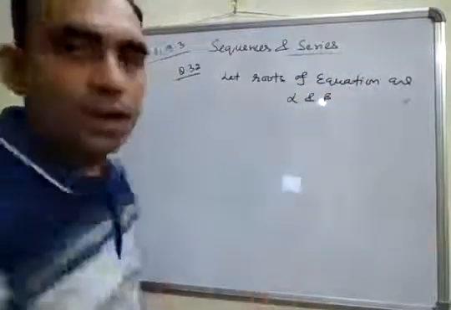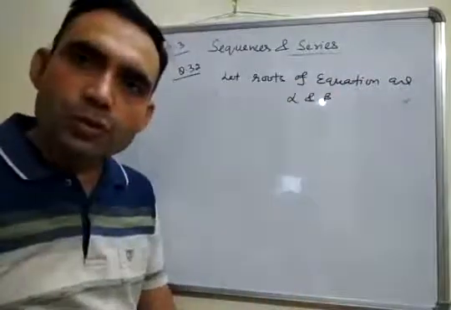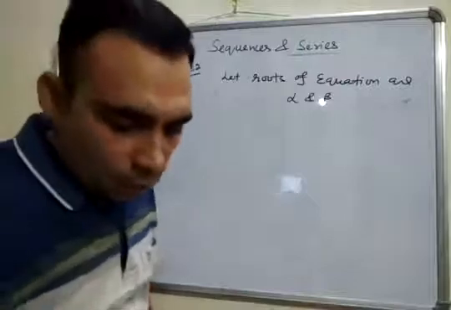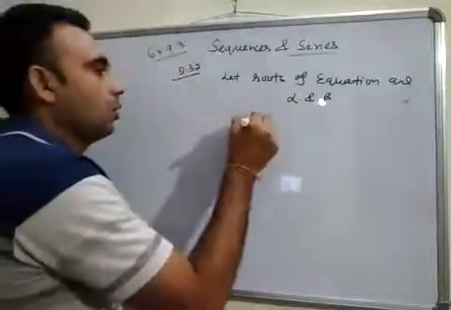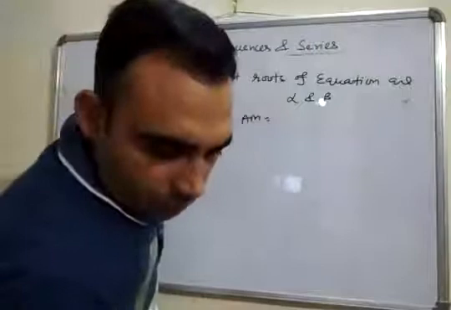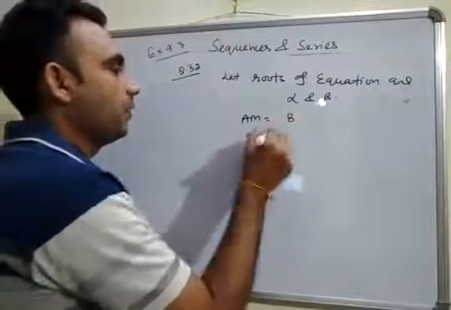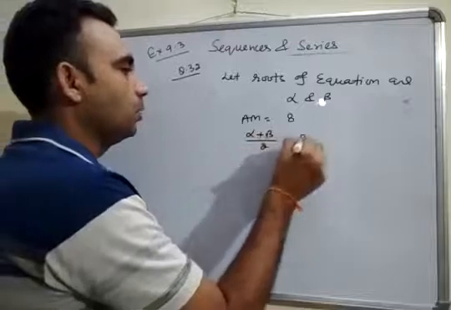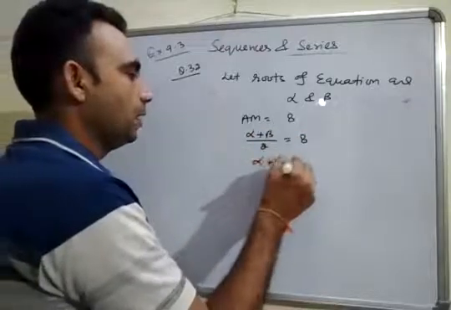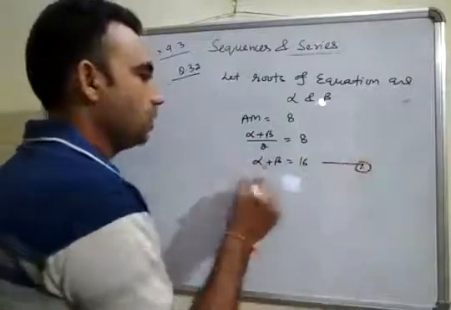Given AM is 8, and AM is (alpha plus beta) upon 2 is equal to 8, implies alpha plus beta is equal to 16.